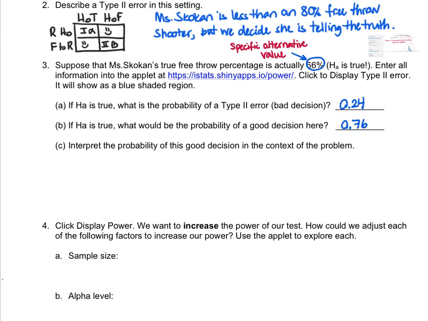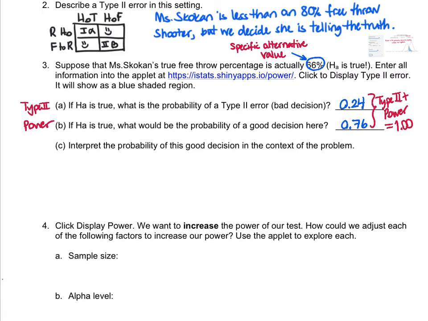That's going to be 76%. Now notice that these two are complements of one another. So the probability of a type 2 error, which we called beta, plus power equals 1. This is the probability of type 2 error. This is what we call power.